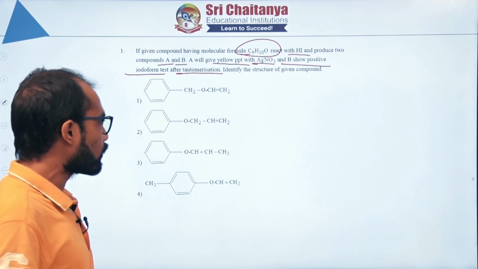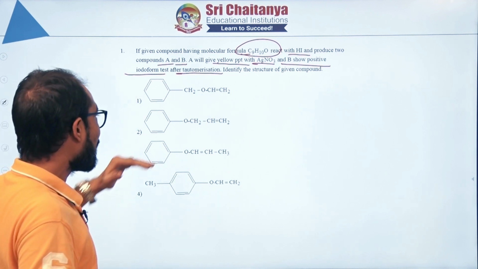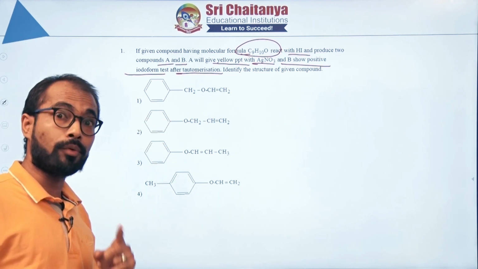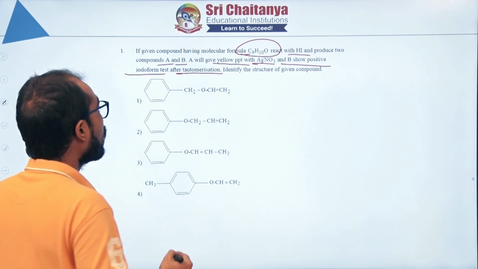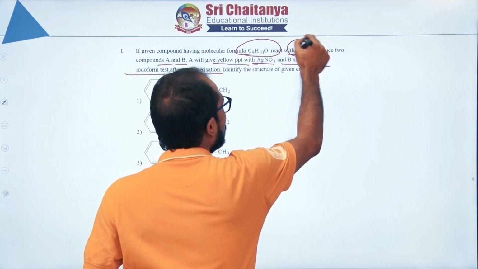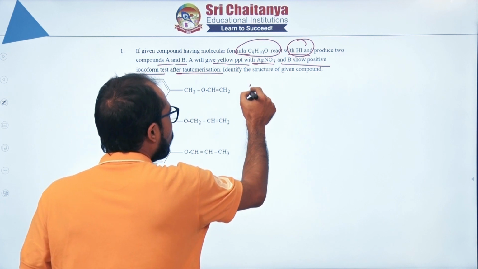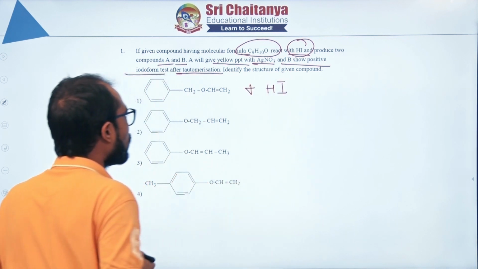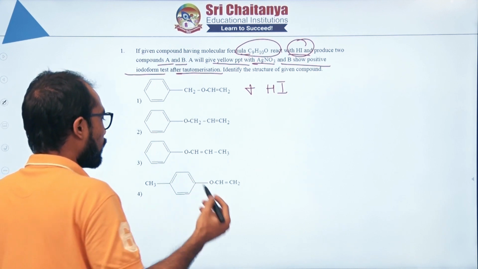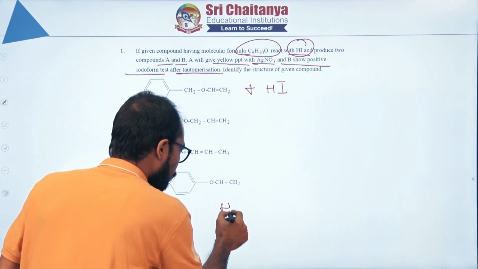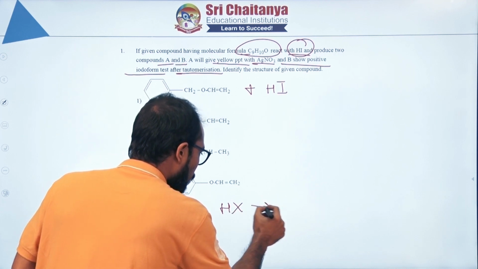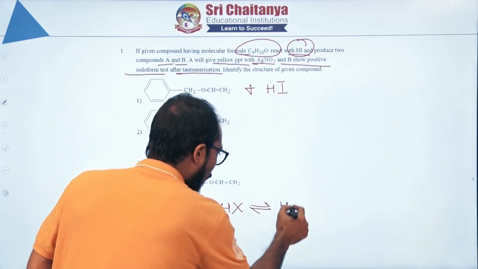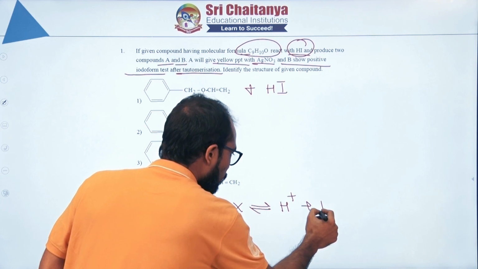So, we will start with the first option that is given to us. Now, this is an ether and the reaction of ether with HX is important. Now, what is the reagent? The reagent is HI, and when I give HI here, you should understand that HI is an acid, and this is going to give you H plus.